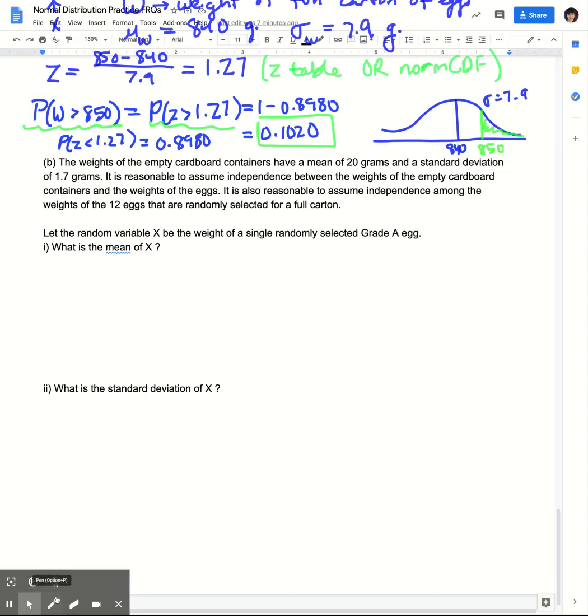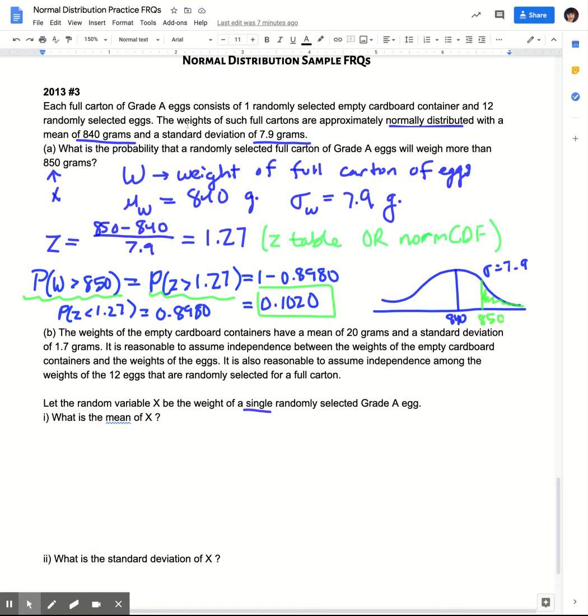They defined a variable for us here. Let X be the weight of one egg, so a single egg. They want us to find the mean and the standard deviation of that random variable. So we have to go back a little bit to what we know about the weights of our cartons from up here.